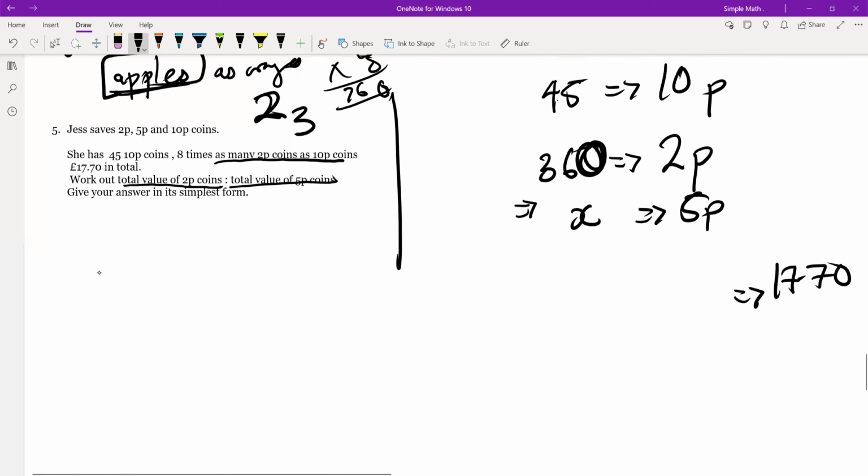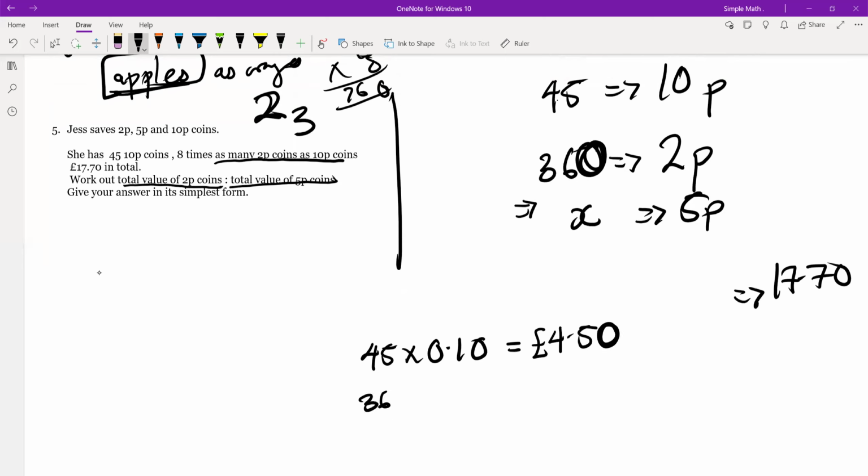Okay. So first of all, we have 45 times 0.10, because I'm going to do it in pounds. 45 times 0.1 gives us 4.5, so £4.50. Now we have 360 times 0.02, because this is a 2p, so that's 0.02.